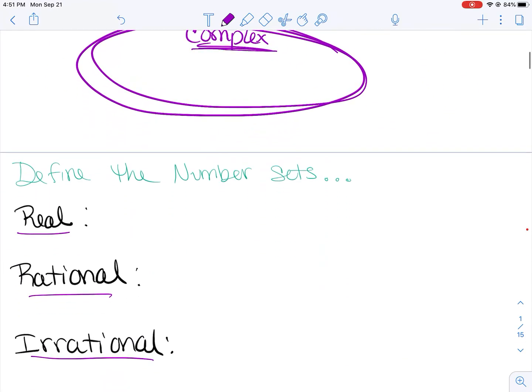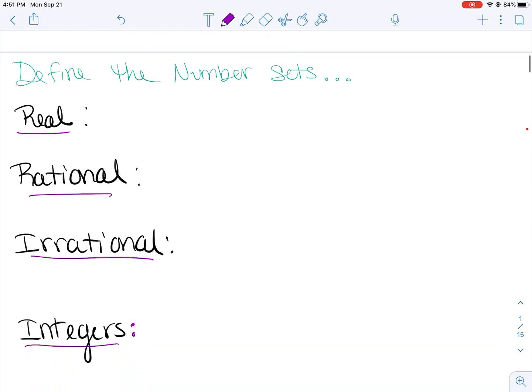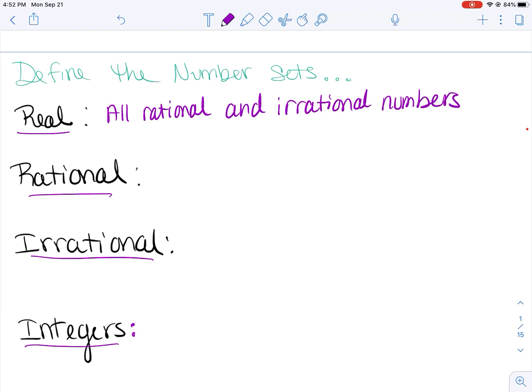So now that we've sort of figured this out here, let's define what these different number sets are. Okay, so the real numbers are all of the rationals and irrationals put together, okay? So all rational and irrational numbers, okay?